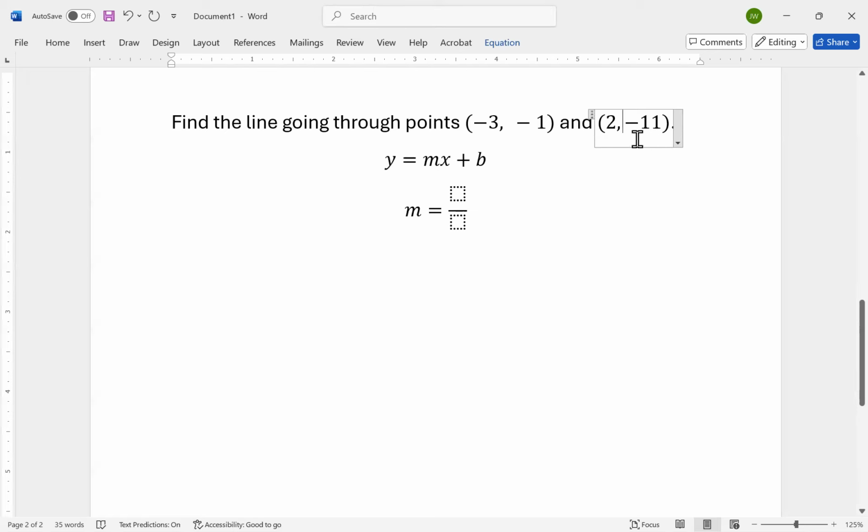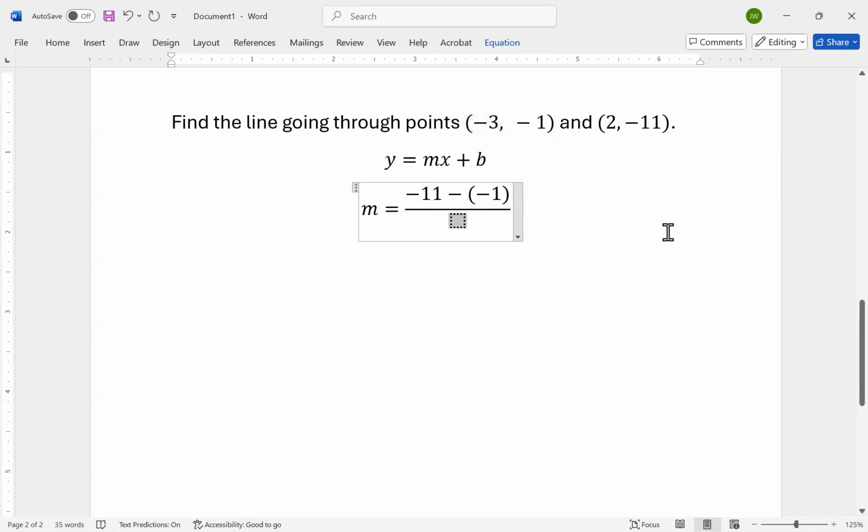this y value of my second point, I'll call 2, -11 the second point. So the y value of my second point is -11. The y value of my first point is -1. So -11 minus -1 goes into the numerator. In the denominator, we're going to have the x value of my second point minus the x value of my first point.